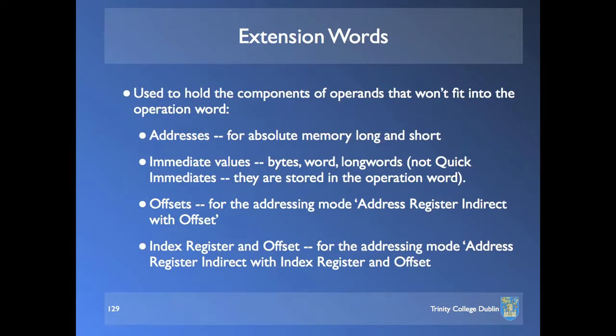So this is the benefit, such as it might be, of absolute memory short and long. You remember that if you have a location that lies at the very top end of memory or at the very bottom end of memory, the bottom end of memory would be the first 32K locations, okay, from location 0 up to location 7FFF, or if you've got a location at the very top of memory, from FFFF8000 up to FFFFFFFF, the top 32K, then if you want to reference it using an absolute addressing mode, you can use absolute memory short.